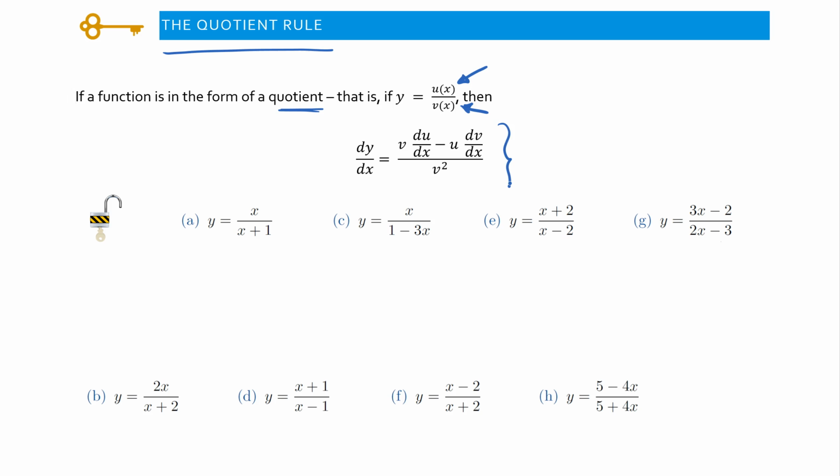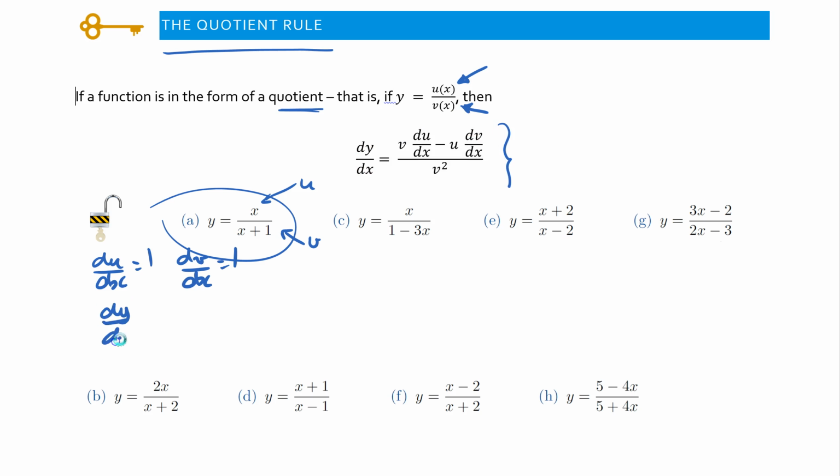And you can set it up formally. So for example, for this question here, we could let that be u and that be v, and we'll find du dx because we know we'll need it at some point, so that will be 1, and dv dx, which will also be 1, and then substitute into this formula.